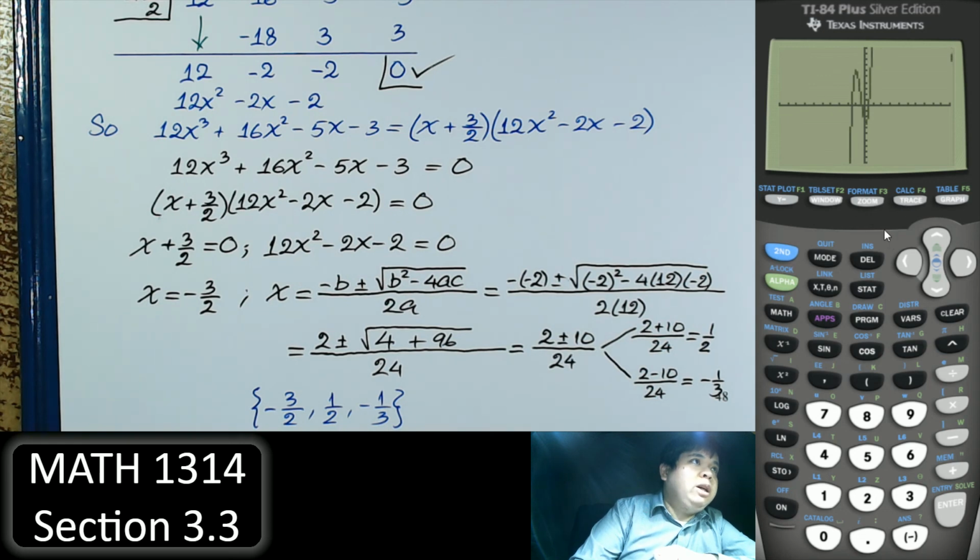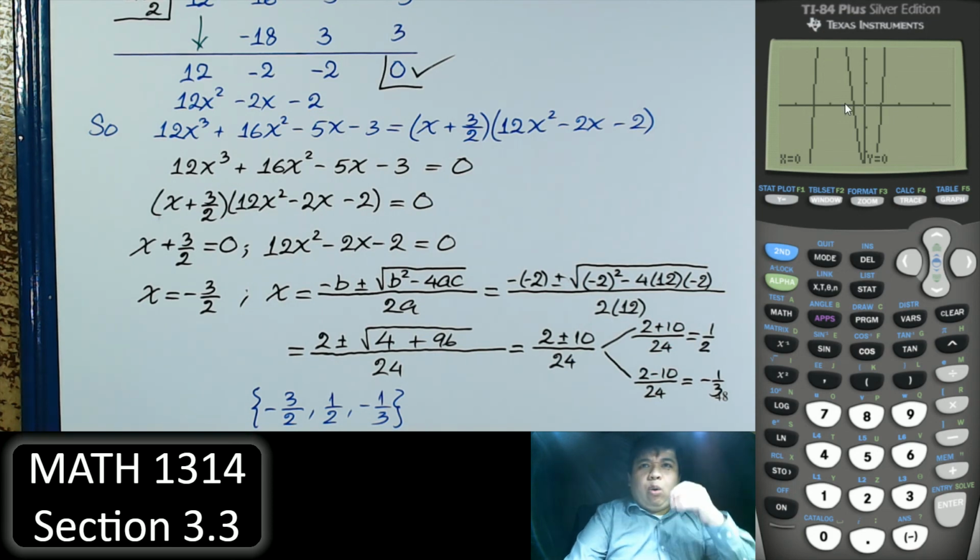Right, let's zoom in. So it looks like this: negative 3/2, negative 1/3, and then 1/2.